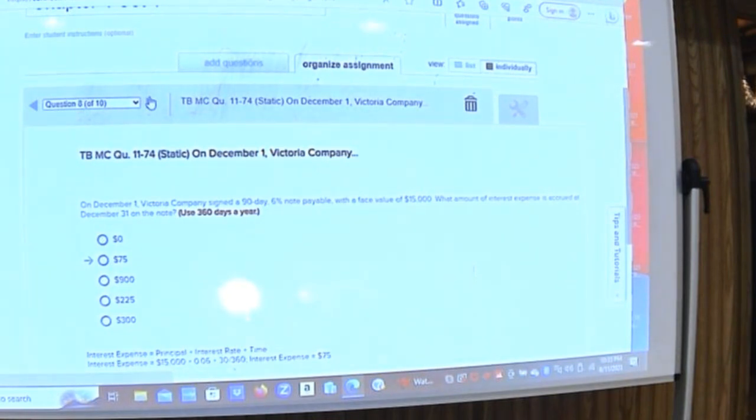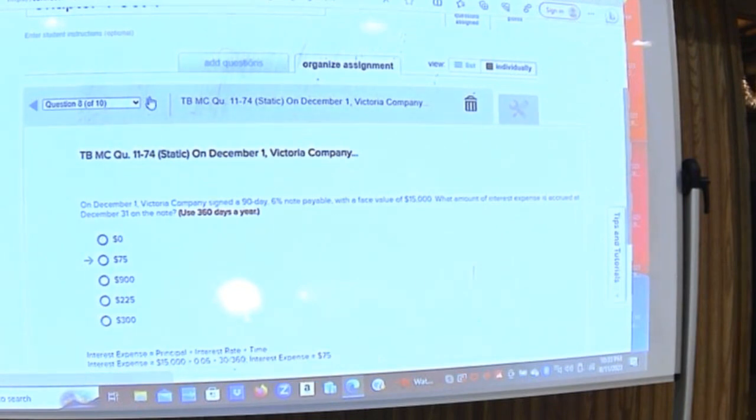Okay, here we're looking at a company that signed a 90-day 6% note, with a face value of $15,000. What amount of interest expense is accrued at December 31? So this is a 90-day note. We're figuring 30 days to a month. But at December 31, 1 month into that note length, we have to show some interest.